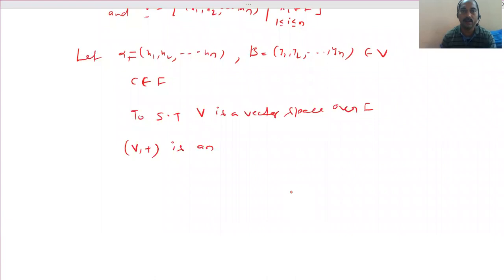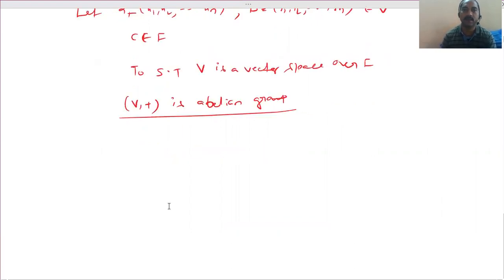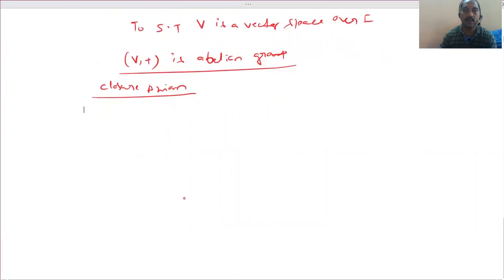Addition is already given: how to operate two vectors with the plus sign, the usual addition, meaning component-wise. Abelian group means closure axiom first.